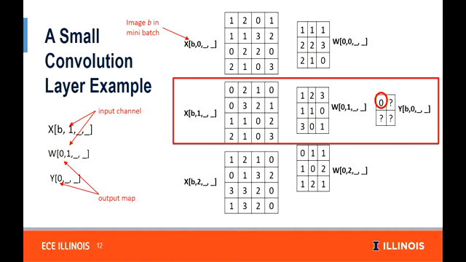That's why at each input of these neural net layers, we're going to have multiple of these input feature maps, and we call them channels. So this is the channel index. For this one, the channel index will be 0, 1, and 2. And the weight is going to be the combination of the output and the input.